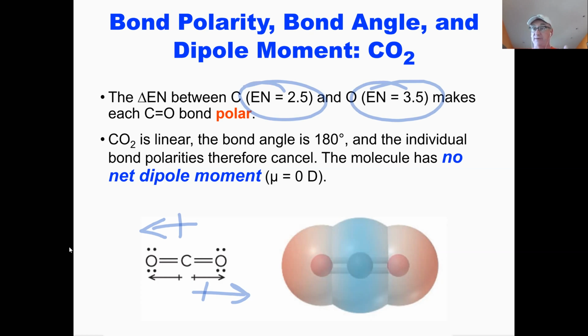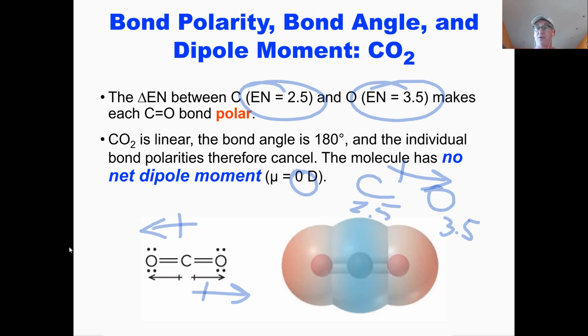And the amount of each of those dipoles is exactly the same because we have the difference between carbon and oxygen. Carbon has an electronegativity of 2.5, oxygen's 3.5. So the dipole goes in that direction. But on the opposite side of the carbon is another oxygen, and that difference is exactly the same.